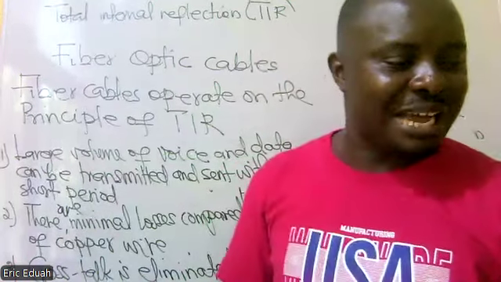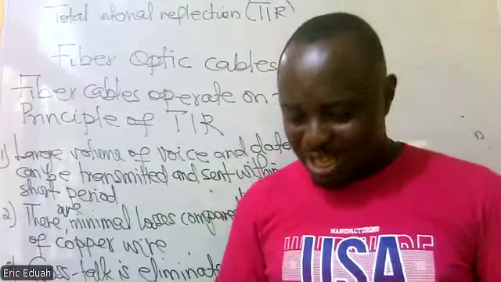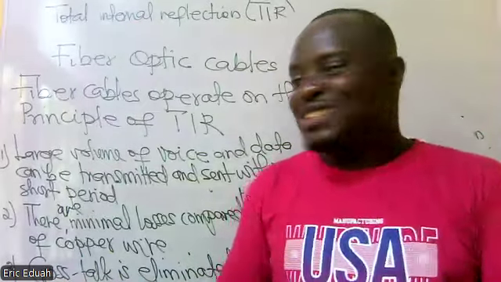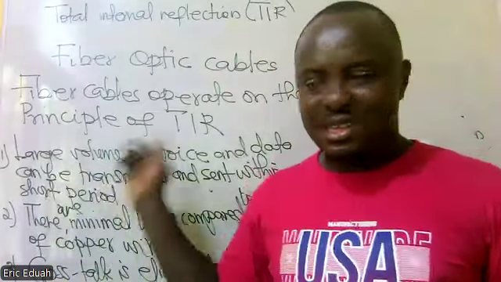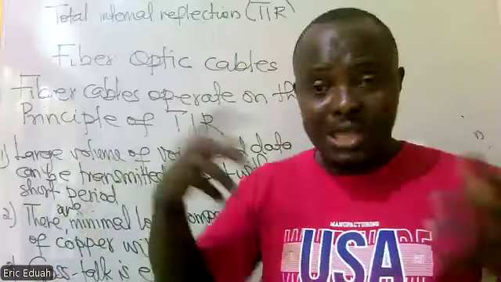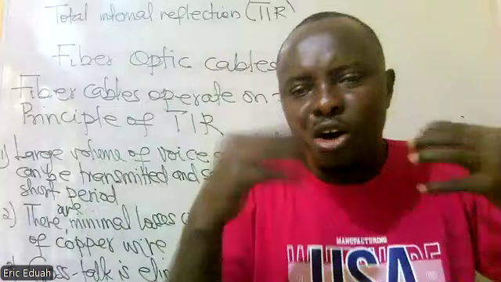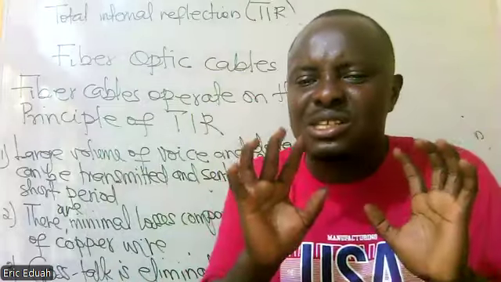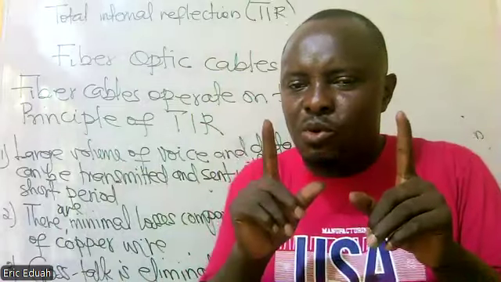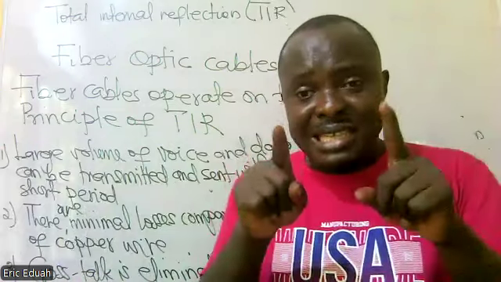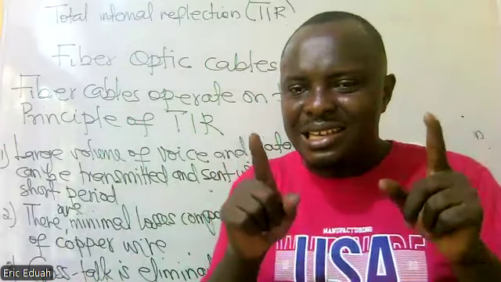By the time they repair it, you are gone. So they sometimes use this principle of total internal reflection to look at parts of the body that are not directly accessible. An example of that is endoscopy.